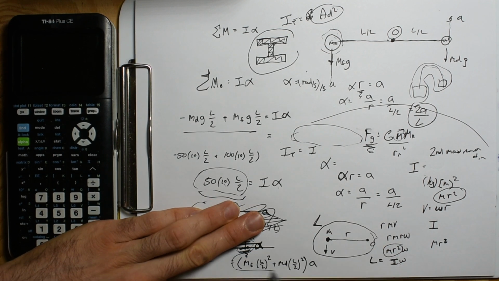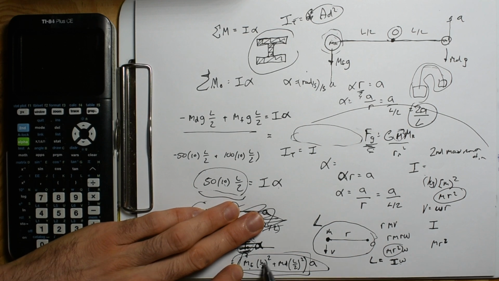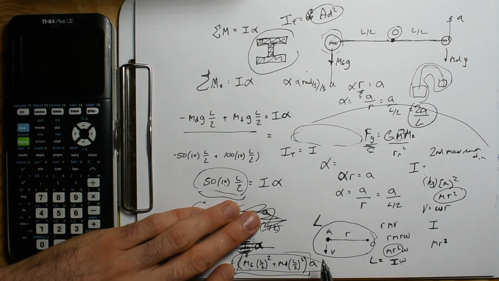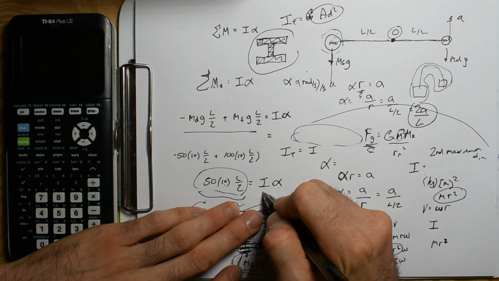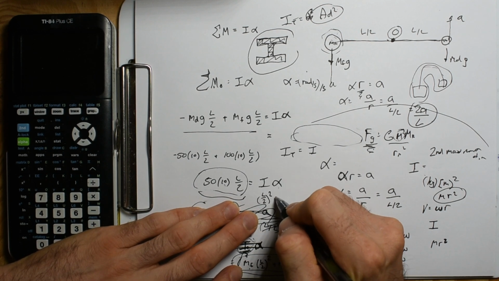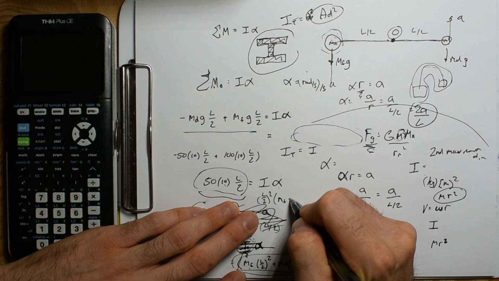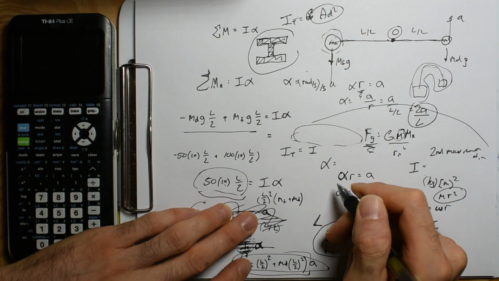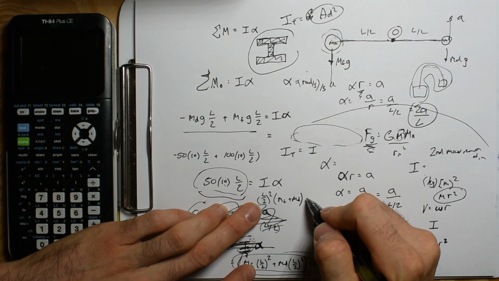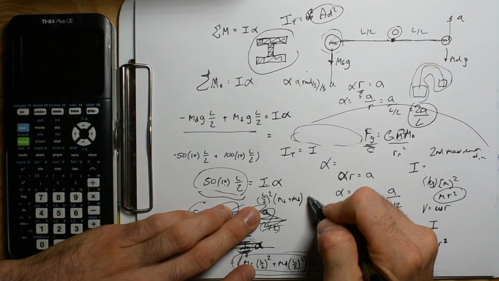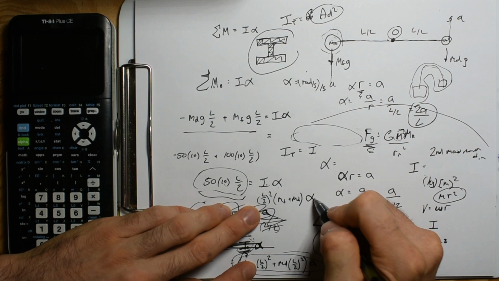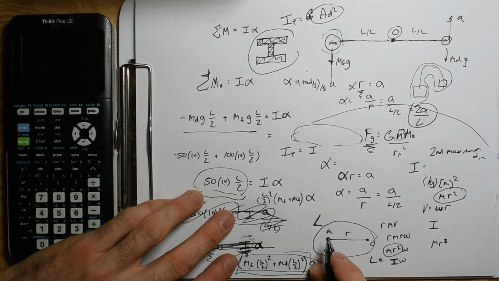The I is going to be the mass of the father times the distance squared, plus the mass of the daughter times the distance squared. So that simplifies to (L divided by 2) squared times the mass of the father plus the mass of the daughter, and that is going to be equal to our I. And now that's going to be equal to our angular acceleration.